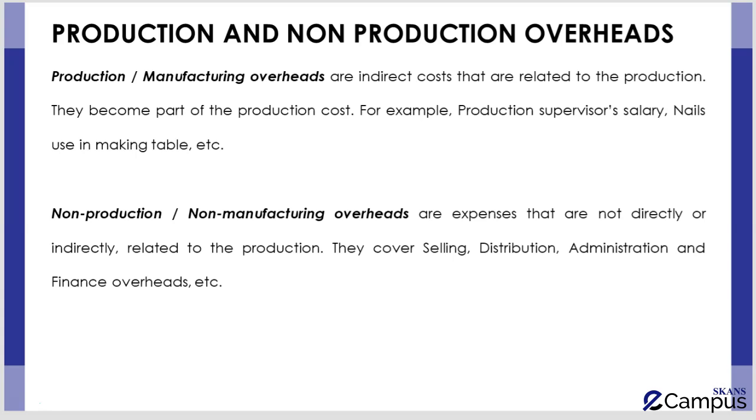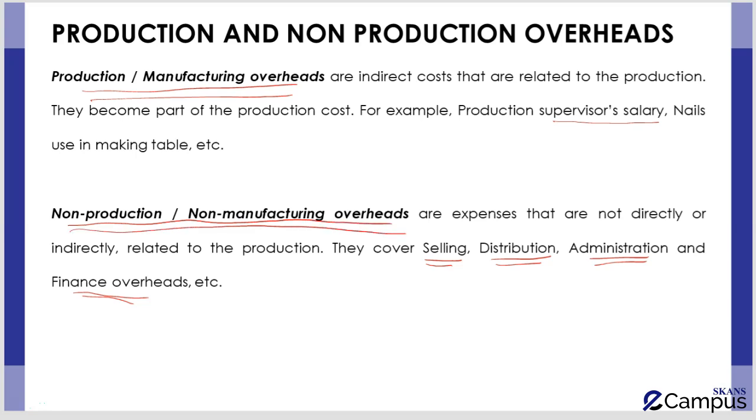For example, nails and glue used in making chair, depreciation of machinery used in manufacturing products, supervisor salaries, etc. And some indirect costs are incurred for non-production purposes, like for selling goods, for distribution purpose, for administration purpose, or financing the business, etc. Such indirect costs which are incurred for production purposes are called production overheads, and those which are not related with the production are called non-production overheads.